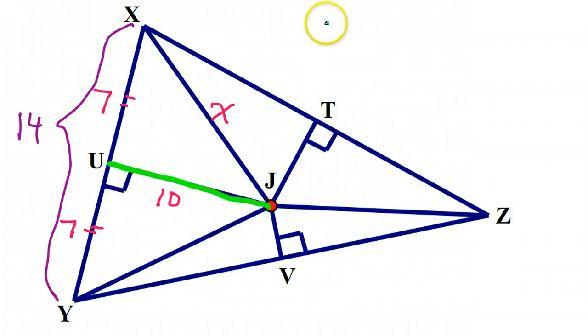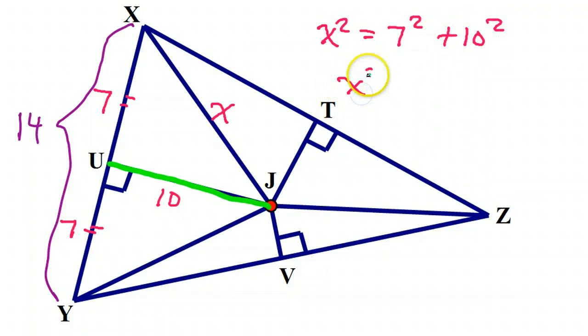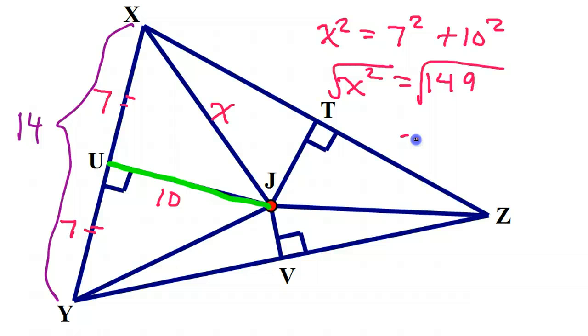So I'm going to do the Pythagorean Theorem. x squared should equal 7 squared plus 10 squared. That's x squared is equal to 149. Then I take the square root of both sides. Let's see if that simplifies.